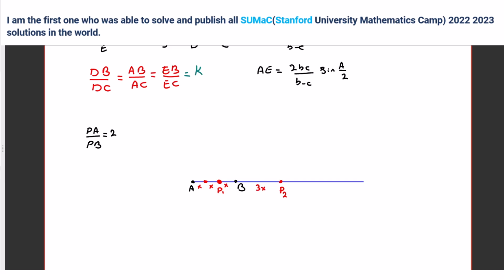Then we should consider a circle with diameter what? P1P2, right? Then all points on this circle satisfy that, with diameter P1P2. Okay.